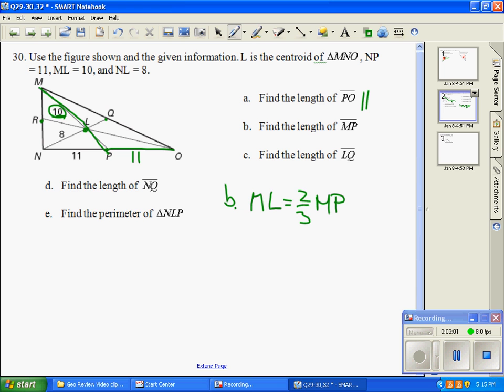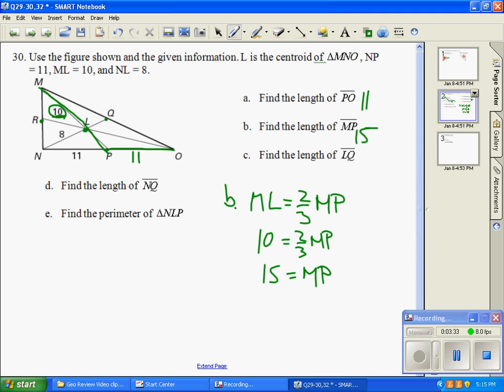So if we plug in what we know, that ML is 10, we can solve for MP. So what we need to do is multiply both sides by 3/2. When we do that, we get 15 on this side, and that's equal to MP. So answer is 15 for part B.